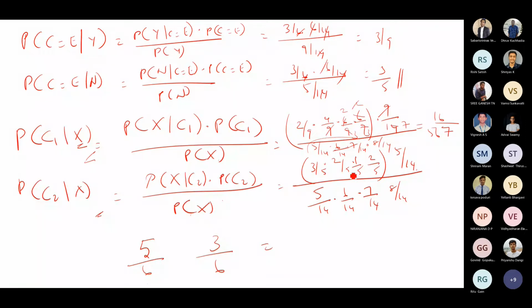If you do the same thing here, again I'm not looking at the denominator. This is 5 and 5 gets cancelled. This is 2, this is 7. So numerator is 3 into 2, 6, divided by denominator 5 into 5, 25, 25 into 5, 125, 125 into 7.